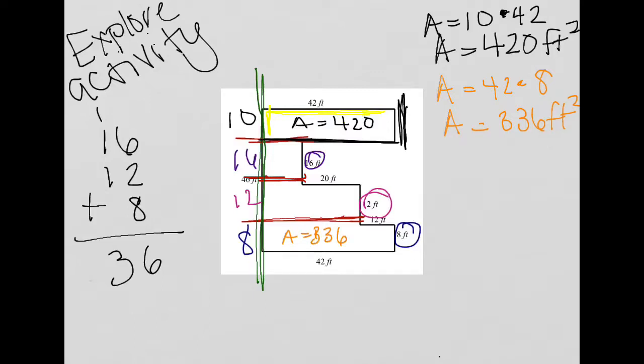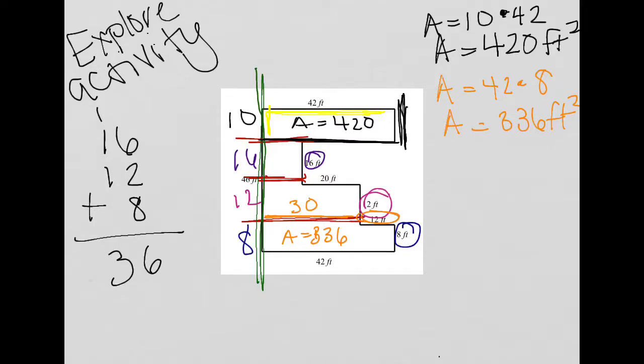Now, I can then figure out the length of the rectangle that is right above it. So using right here, I know that this piece is 12 feet and this whole entire line is 42 feet. So I would simply have to do 42 minus 12 and this piece would be 30.